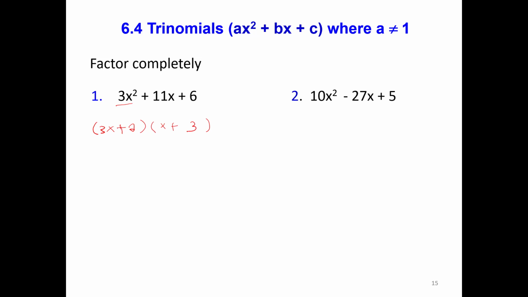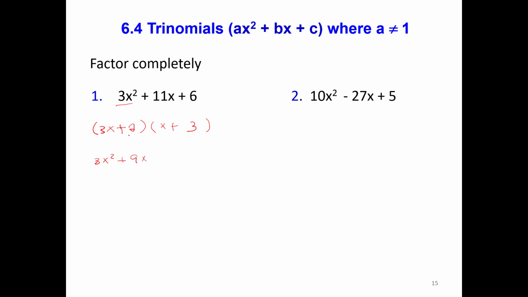Then this is the factorization, and if you are doing it by trial and error, I suggest you check using the FOIL method. Using FOIL, 3x times x, the first, is 3x squared. Then the outside, 3x times 3 is 9x.